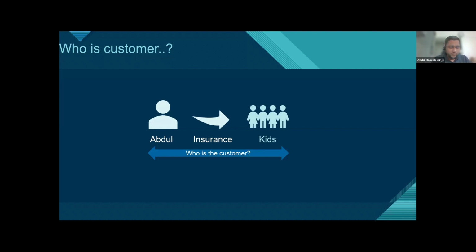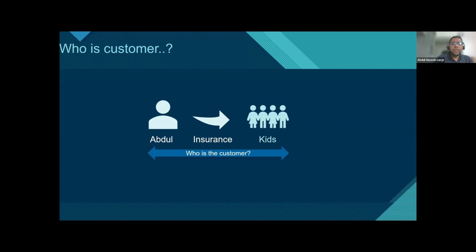Now I'm going to share the view which has been used in this book to call who is the customer and who is not. This concept is the same with the other authors who are from this philosophy.